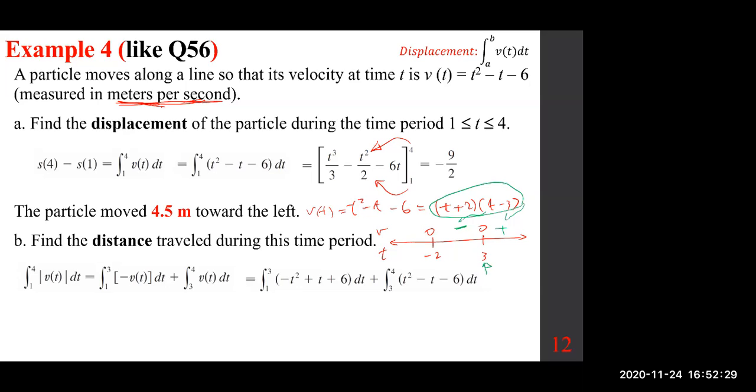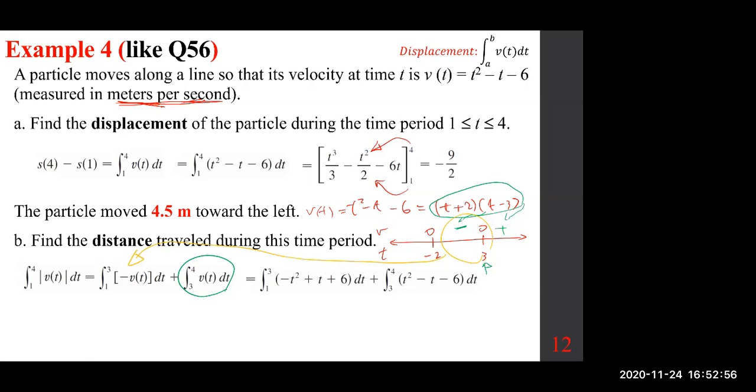So to the right of 3, we use the function itself. But because it's negative, to the left of 3, we use the negative of that to make it positive. In other words, because of this region being negative, we use minus here. This has got to do with using sign graph. I hope everybody understands what I'm saying here.